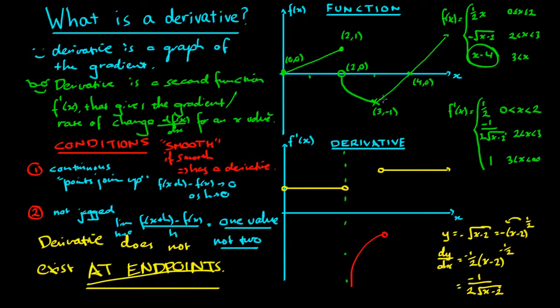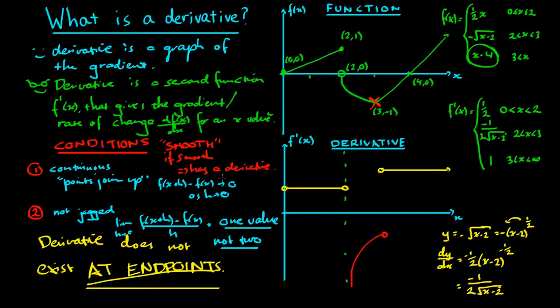Now the second point here is more interesting because it does satisfy this first condition. It is continuous, but it is jagged, and the condition is that it has to be not jagged. So basically they're saying, look very closely at this point here, and then using this formula, let's see what the gradient is towards the next point along. And the next point along this way, going along here, the gradient comes out something like that, a positive number.